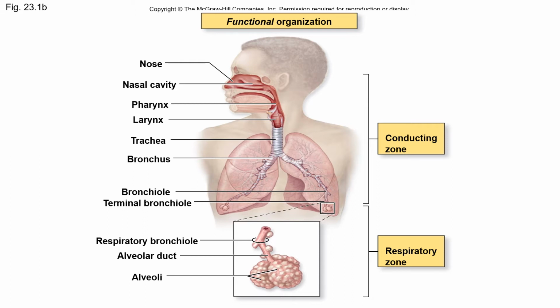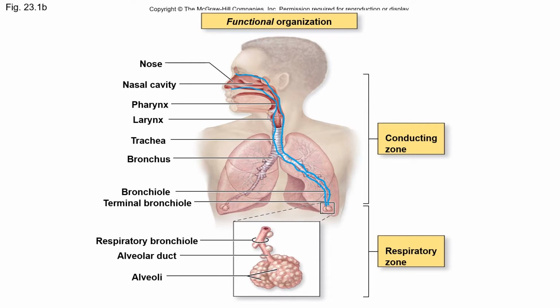Okay, the conducting zone is all of the places that air travels through where the air is not affected by its travel through those. We're not absorbing oxygen, we're not contributing carbon dioxide to the air. The air simply is conducted through from point A to point B.